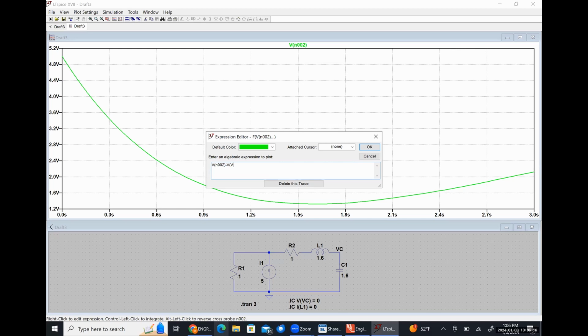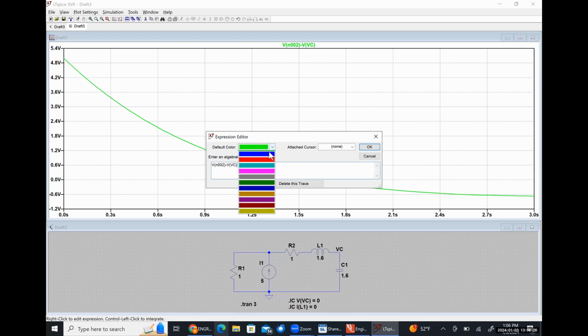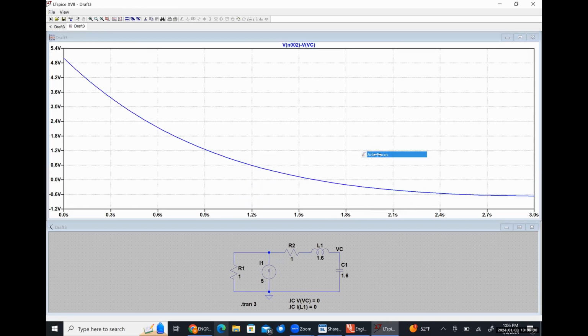Minus V at VC. There we go. And let's change the color of that to blue. Going to add a trace.